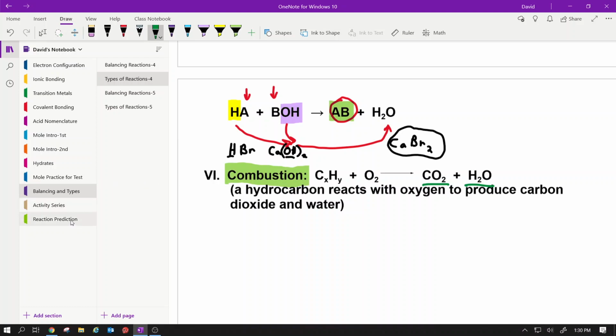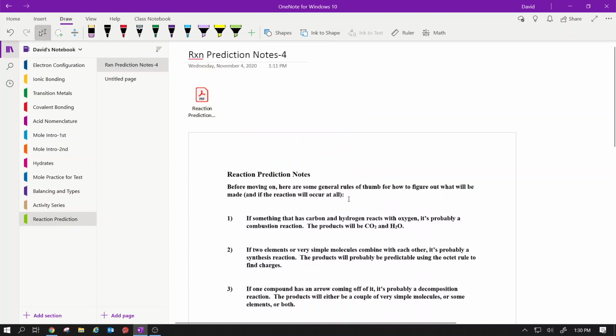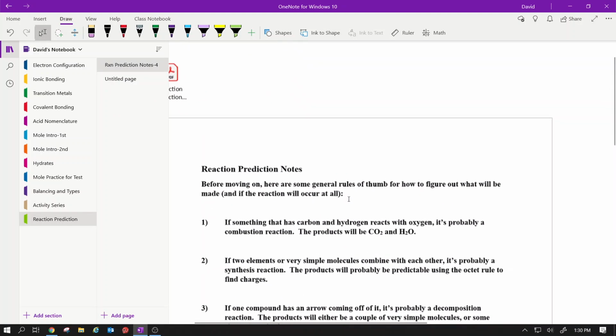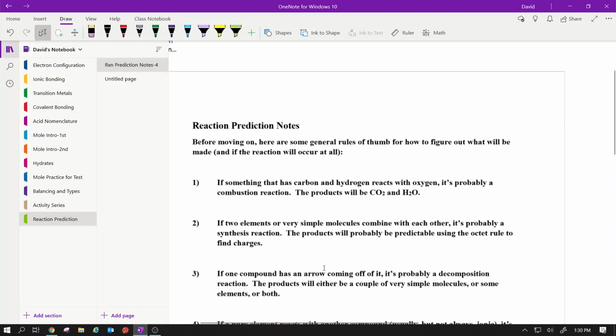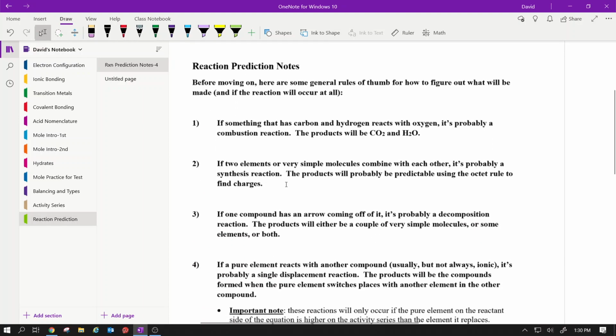So with that in mind, let's look real quickly, and we're basically going to review the same thing that we just talked about. Hey, if something has carbon and hydrogen and reacts with oxygen, it's probably a combustion reaction. That'll make CO2 and H2O. So for example, let's just say that I have C6H14, and I add some oxygen in there, and I'm going to make a certain amount of CO2 and a certain amount of H2O.